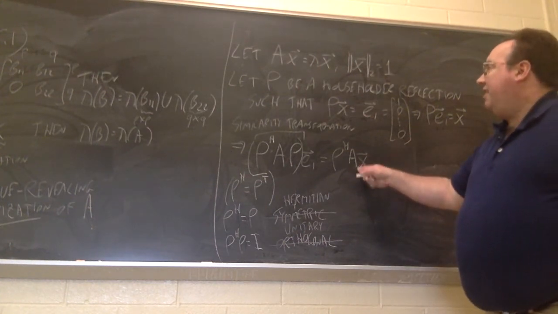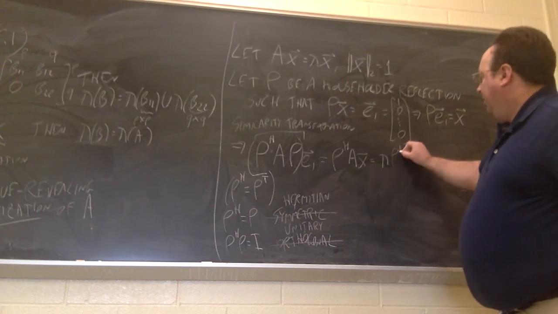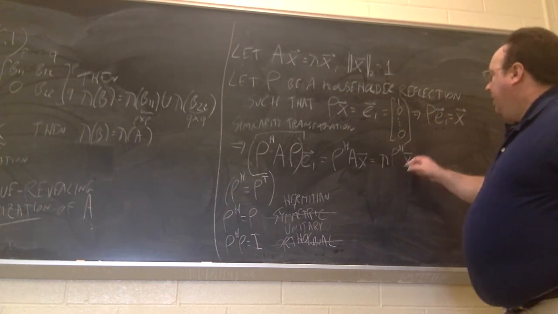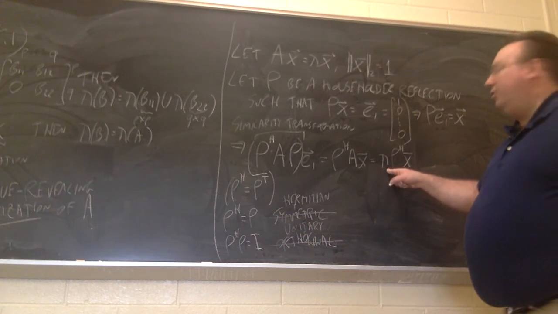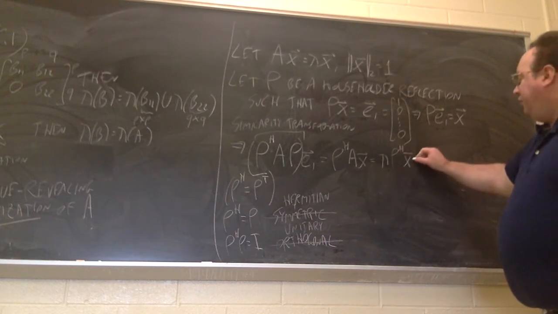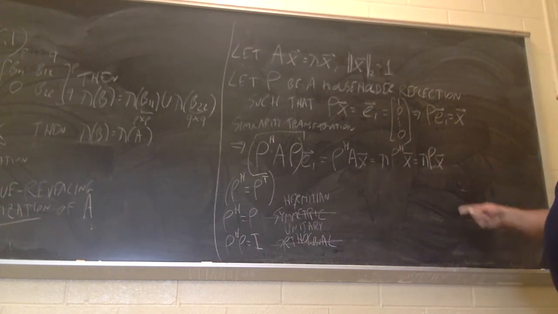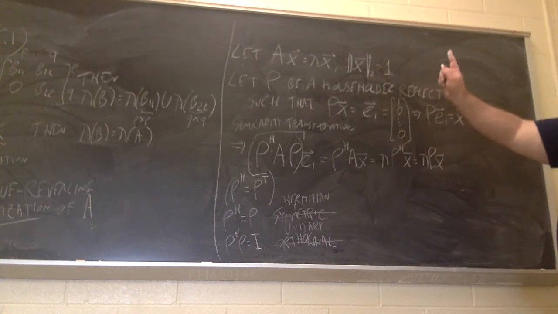So A X is lambda X. And lambda is a constant, it's a number, so I can move it out to the front. P^H is P, so it's lambda P X. But P X, by design, is equal to E1.